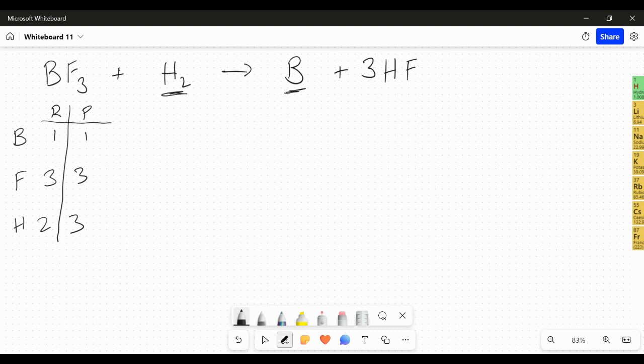But see, I have 2 hydrogens on the left and 3 on the right. 2 does not go into 3 evenly. So I need to double the amount of hydrofluoric acid, HF. So let's make that a 6. Change this up right here. We now have 6 fluorines and 6 hydrogens.